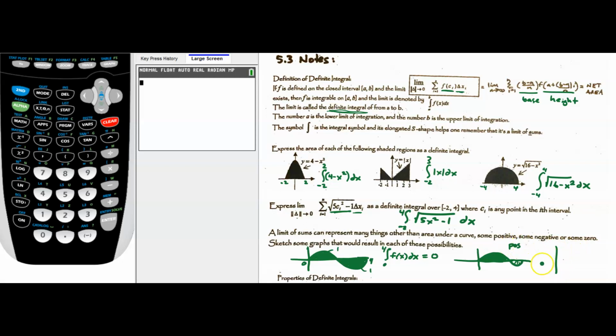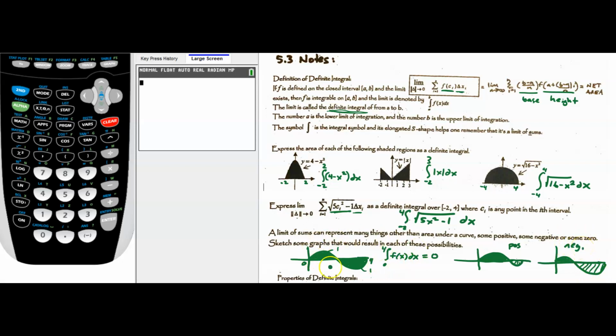Whereas if I drew something more like this, where it was kind of the opposite, and we're looking at the area bounded by the function and the x-axis, and we have this region, and then we have this region down here. All of these rectangles have positive amounts that are added to our total, whereas all of the rectangles that would be down here would end up having negative areas. So the net effect would be a negative result.